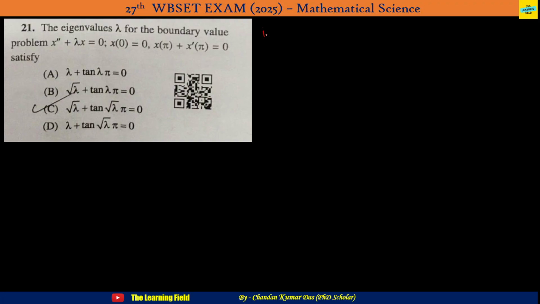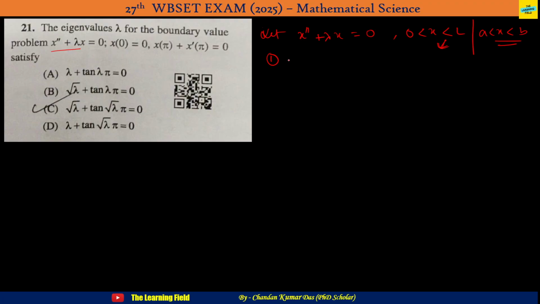Number one is, let the problem be given in x with respect to x, we write x double dash plus lambda into x equal to 0. Now number one is based on the boundary condition, if 0 less than x less than L, or sometimes a less than x less than b. So we write the formula using this.